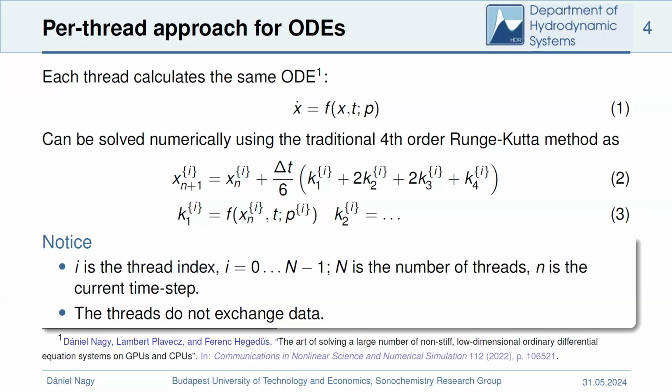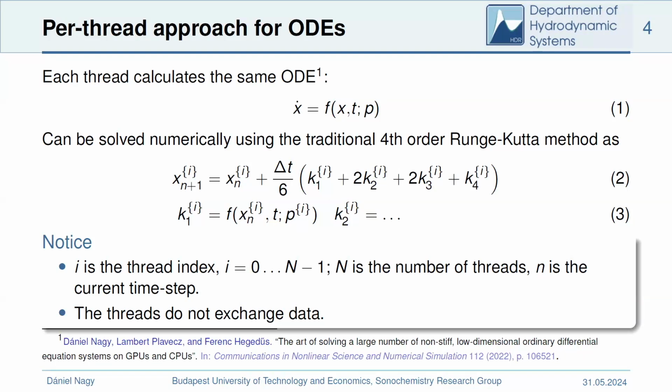Because, for example, in our work at the department, usually some parameter is uncertain, or you can modify the parameter quite easily, and based on the parameter, the system behaves differently. So in a large parameter space, it can happen that you have millions of different possible parameters which should be checked. And how do we solve it numerically on a GPU?